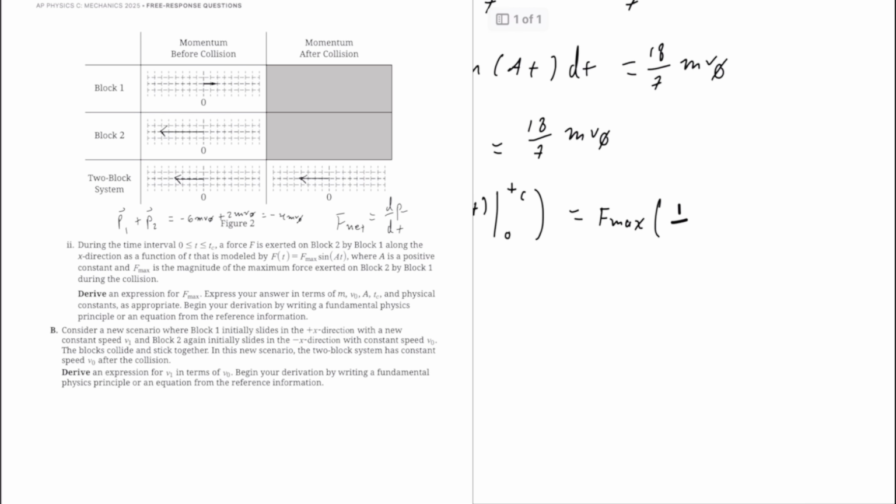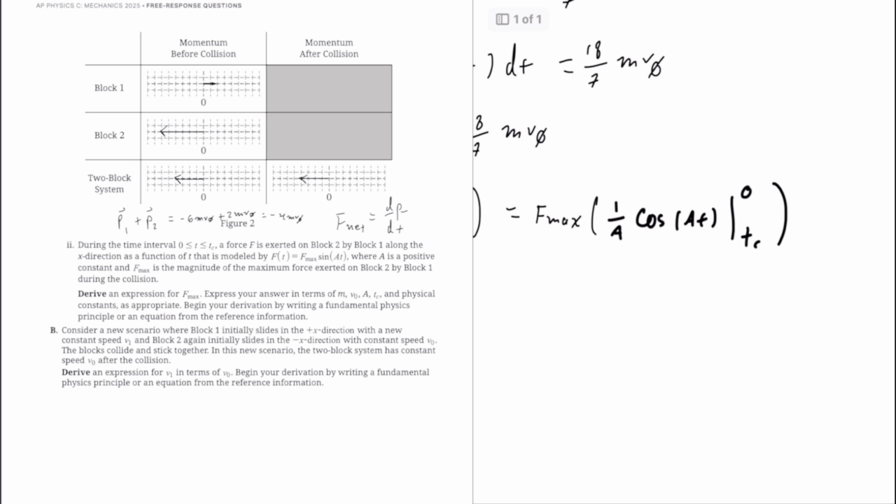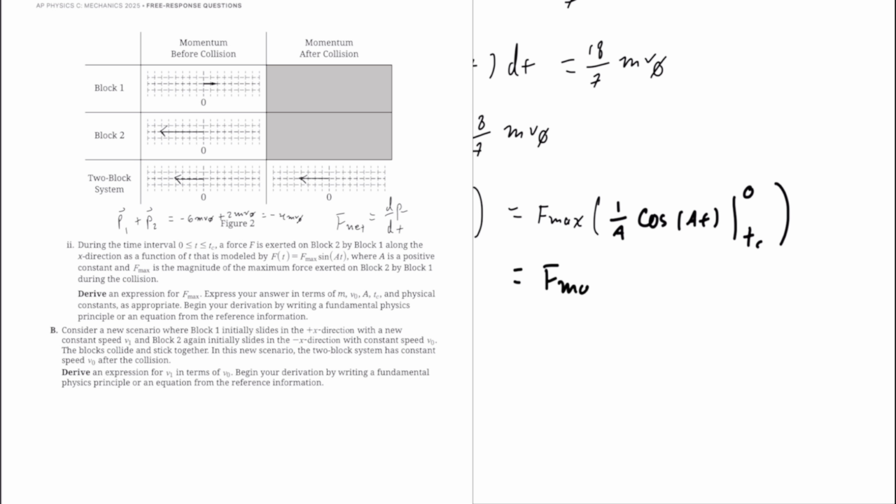So I'm going to apply that negative. It's going to become 1 over a cos. And when I say apply the negative, I mean I'm just going to change the integration bounds and drop the negative, right? So now this becomes, I'm going to evaluate this again, F max. Oh, I could just divide by a here and not have to do it to each term.